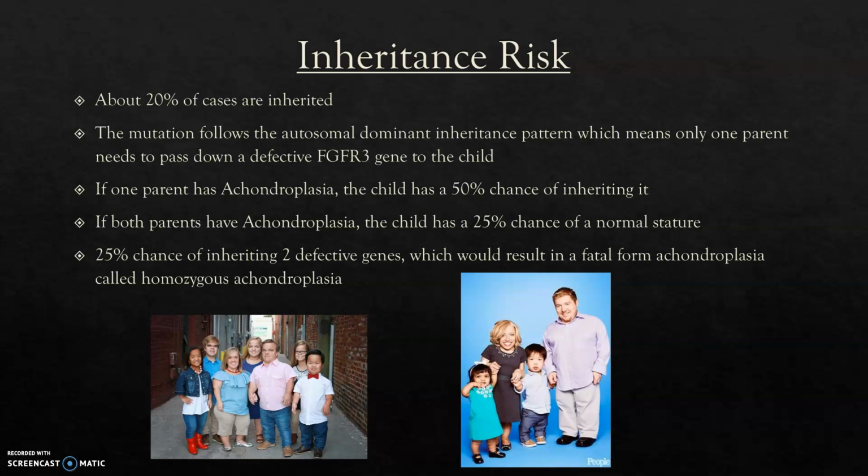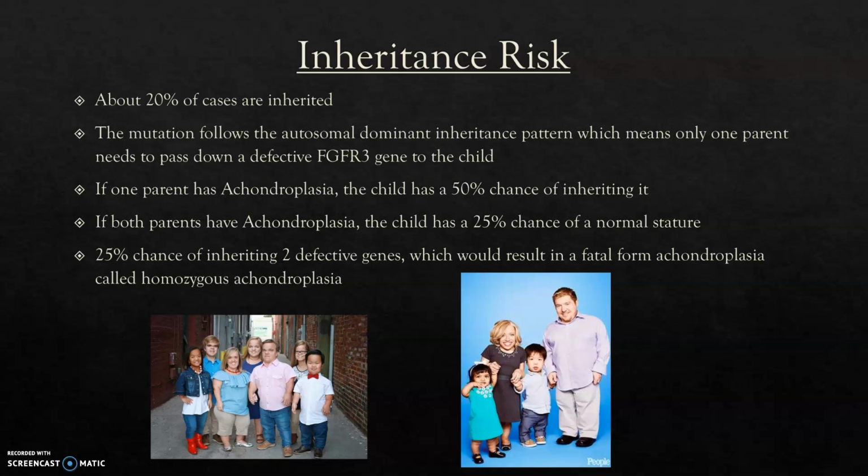In these two photos, there are two families. The one to the left, they are the Johnstons. Both of these families have shows that talk about their lives with achondroplasia. It's actually on TLC. As I said, to the left are the Johnstons, and to the right are the Kleins. The Johnstons, Amber and Trent, are the mother and father.